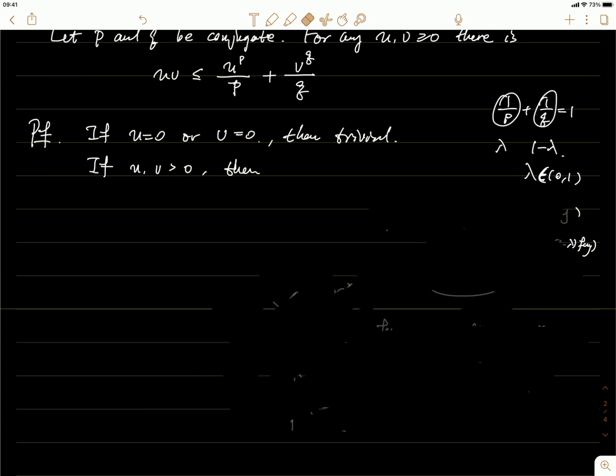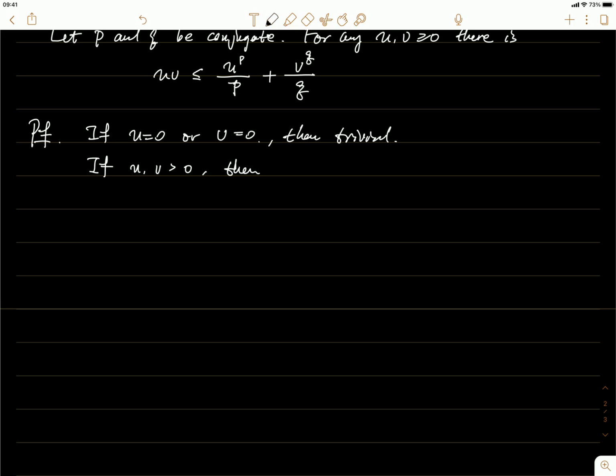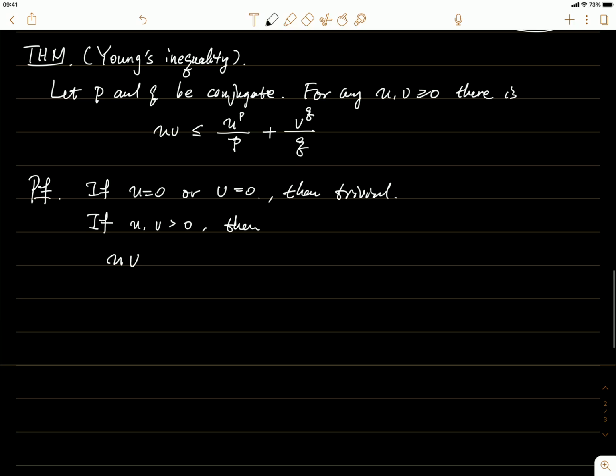Now f is e to the power x. Then we can see that, going back to this inequality, u times v can be written as e to the power logarithm. This log is the natural log of uv, right? And then this is equal to e to the power log u plus log v.